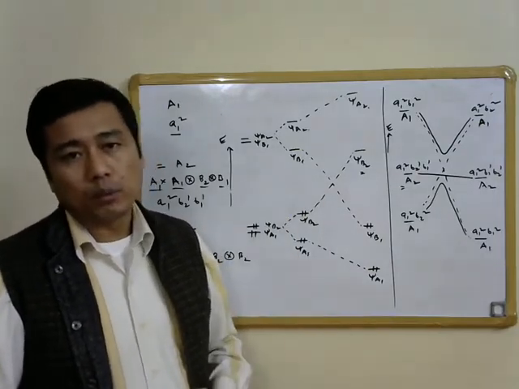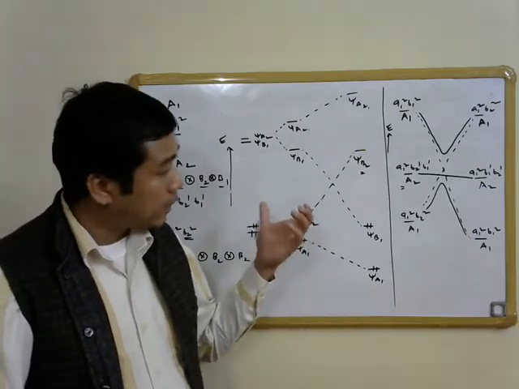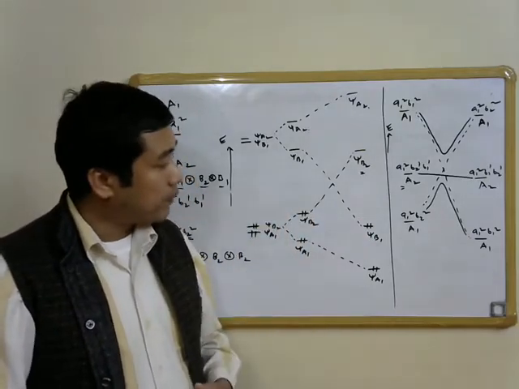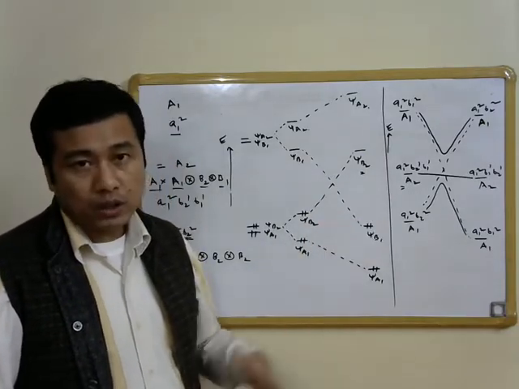When we extended this by correlating the electronic states in the reacting system with the electronic states in the product, we saw that the 2 plus 2 cycloaddition reaction cannot proceed in the ground electronic state because of the non-crossover law.